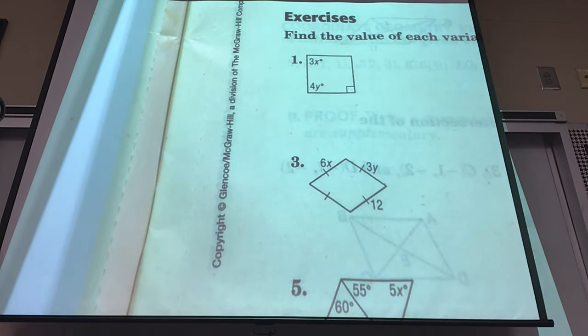Now, look at number 3. Number 3, easy question. What do I know about number 3? All the sides are congruent. So 6x is going to be set equal to what? 12. And 3y is going to be set equal to 12. And then again, all I got to do is solve. Easy, easy, easy question.